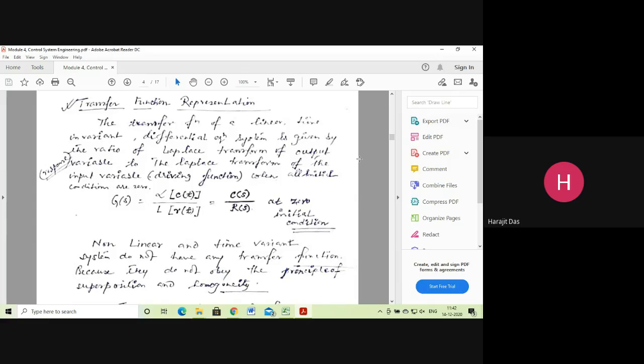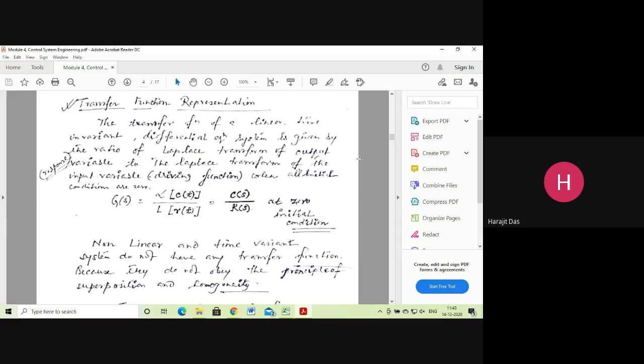But if we need to analyze a system mathematically, we need a parameter to represent the system mathematically, and that parameter is called the transfer function.